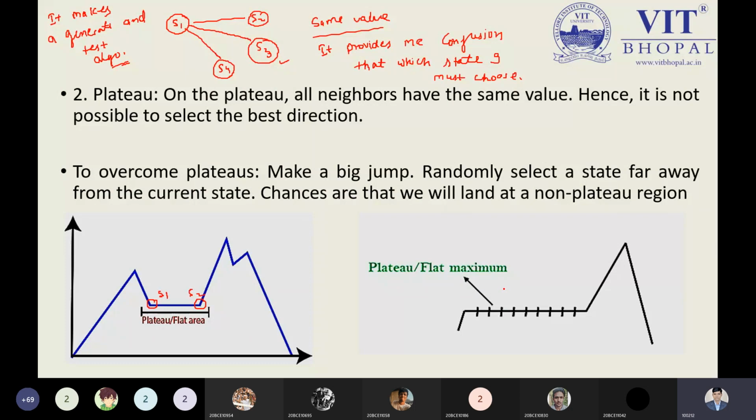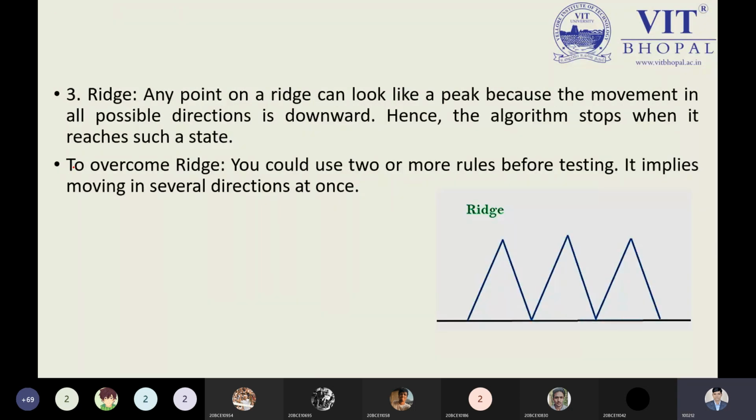This could be another reason. The third one is ridge. I told you about ridge, but a ridge at any point looks like a peak because the movement in all the possible directions is downward. We are moving upward, downward, so there is a risk. We can have multiple ridges, but we will not say we have reached the peak point or the highest point, which is known as the global maximum.